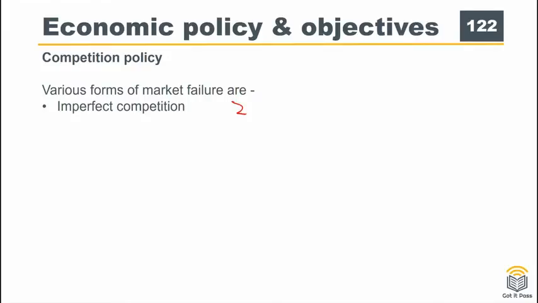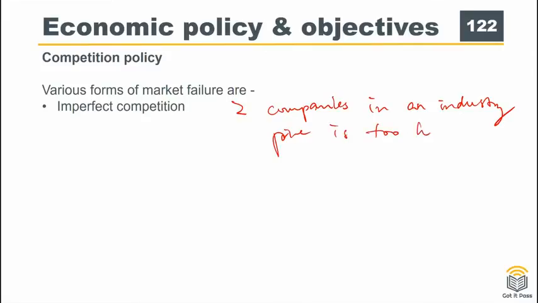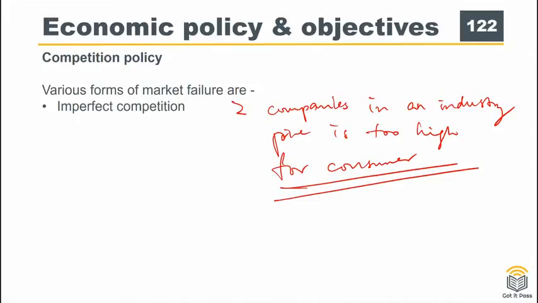Maybe there are only two companies in the industry, so without a competitive environment, the price is too high for consumers. Then the government says, I need to intervene in the market by putting some regulations in this industry because of imperfect competition.